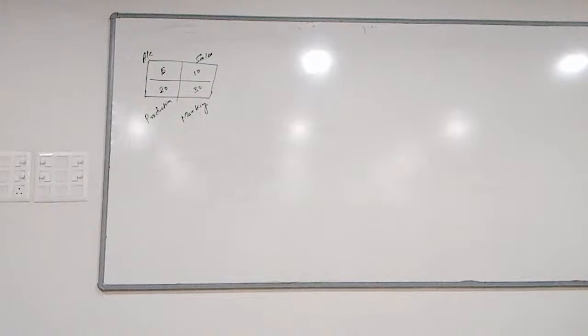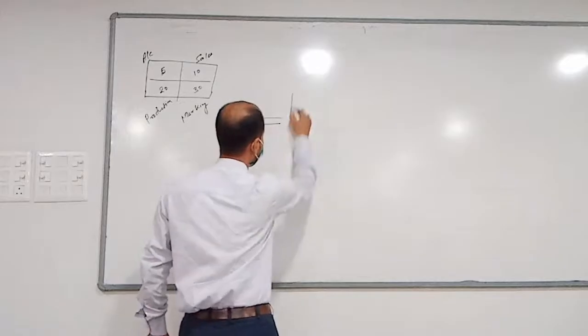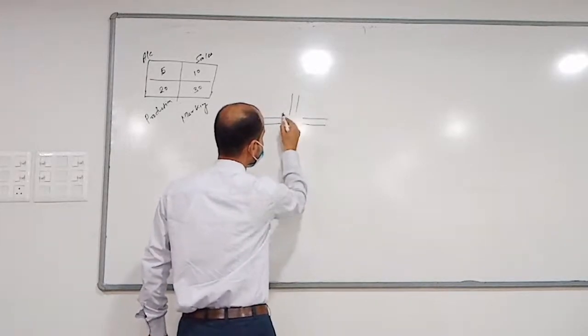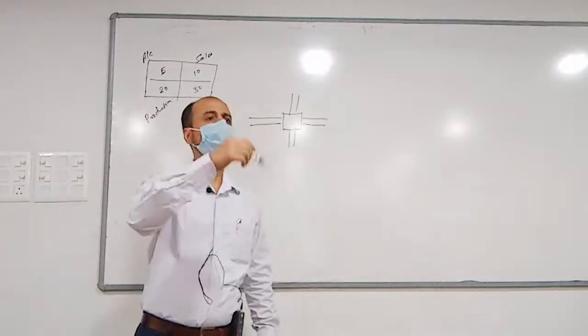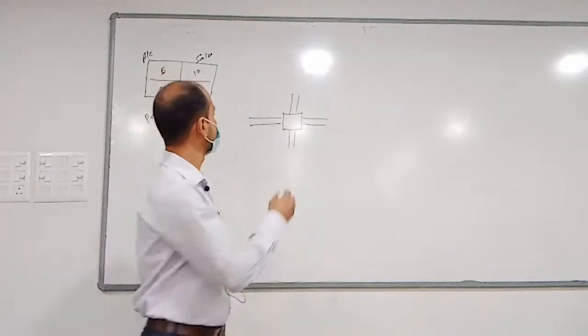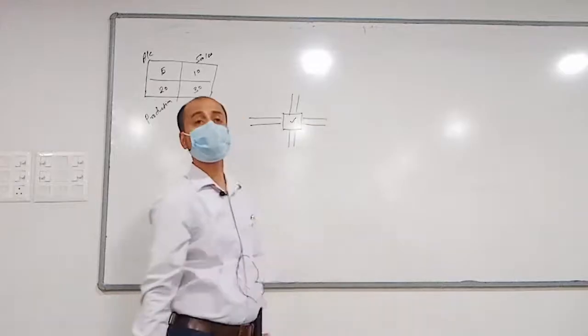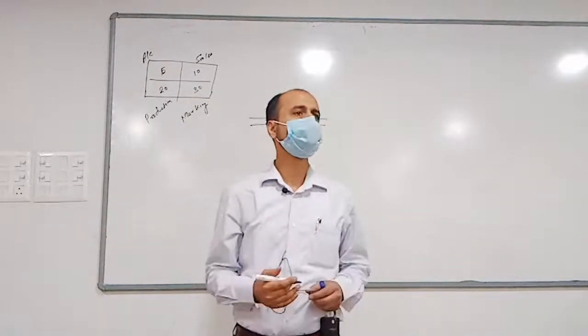Because when 4 roads are coming, there must be a crossing. You can say a roundabout. Why is this crossing required? To control the vehicle traffic.